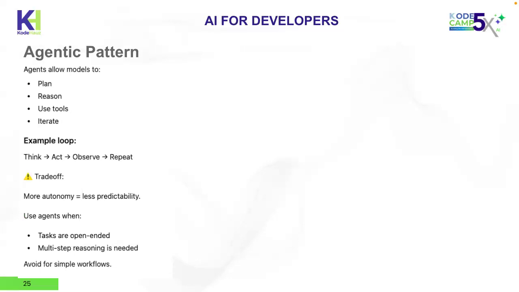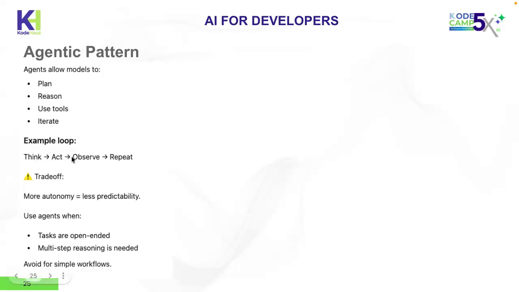And then the reasoning loop, which allows them to reason, do stuff, and then reason some more, do stuff, and reason some more until they achieve the objective. And that is the iteration there. So you have planning. Agents allow models to plan, to reason, to use tools, and to iterate.